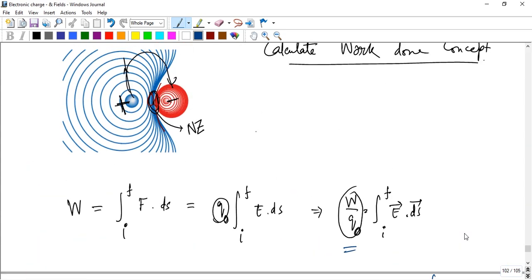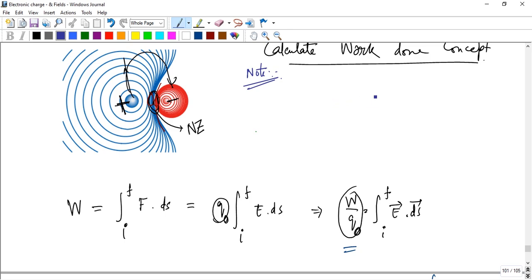So now write the notes on the work done by the charged particle. If you want to write the notes, pause the video and write them. Otherwise, you can also write in your own words. That's better for understanding the concept if you write your own notes.